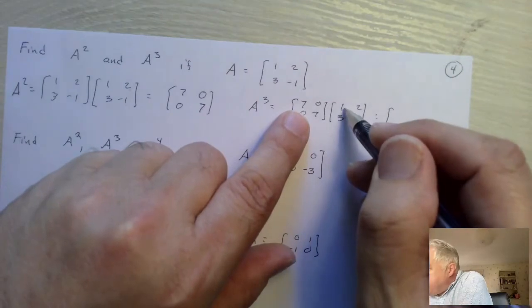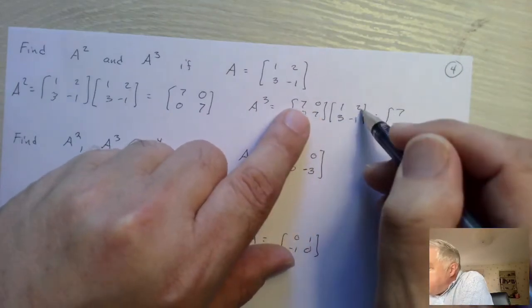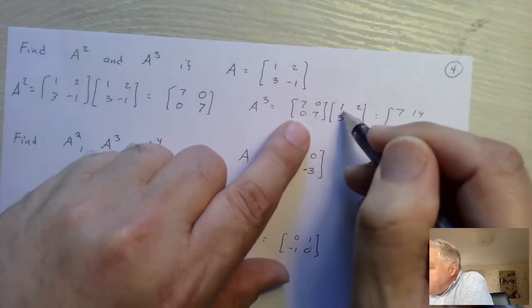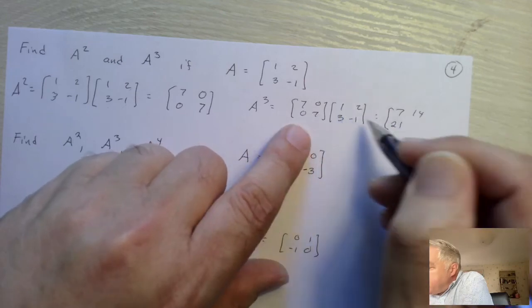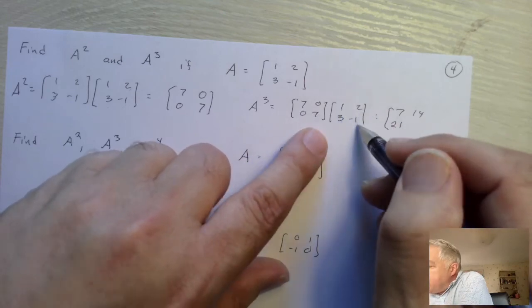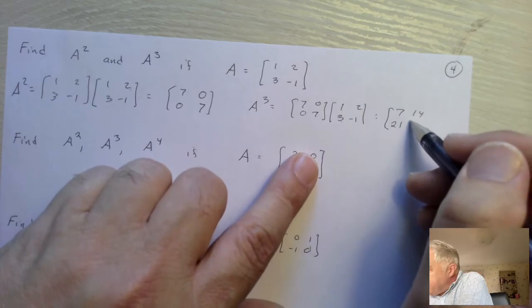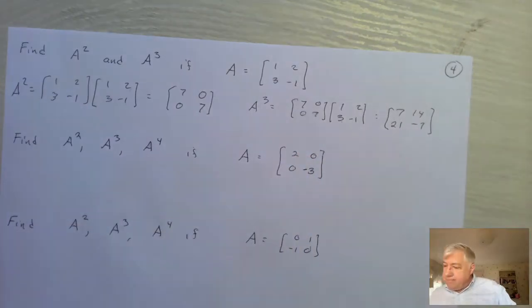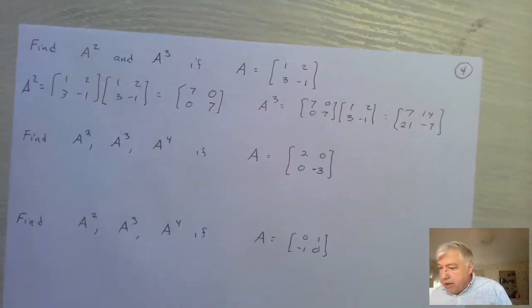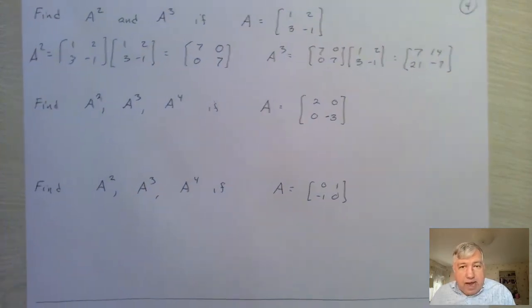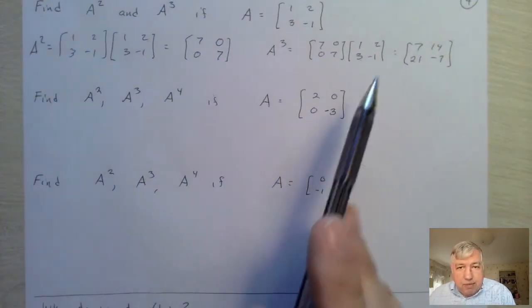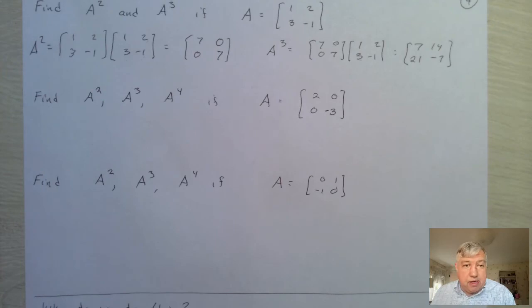So it'll be 7 plus 0, 14 plus 0, 0 plus 21, and 0 plus negative 7. Okay. Now, when you have diagonal matrices, diagonal matrices make things a lot easier.